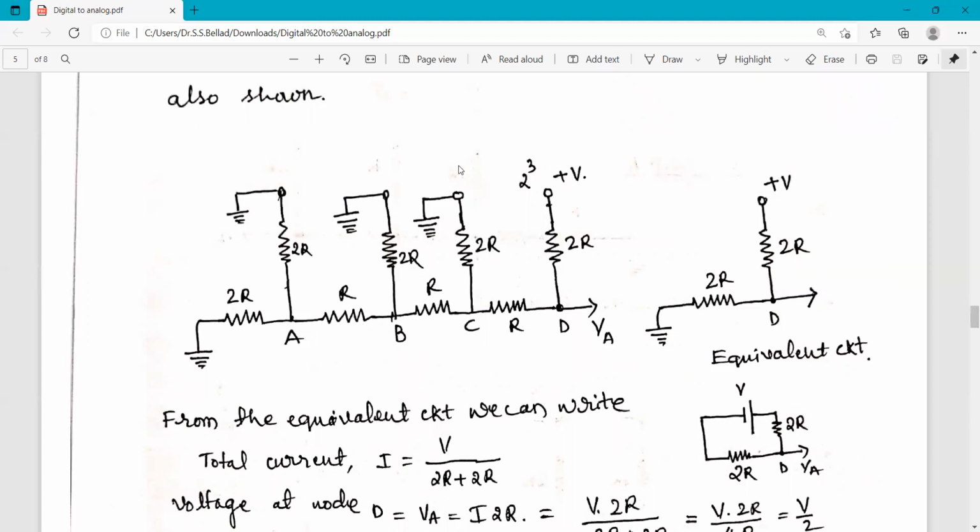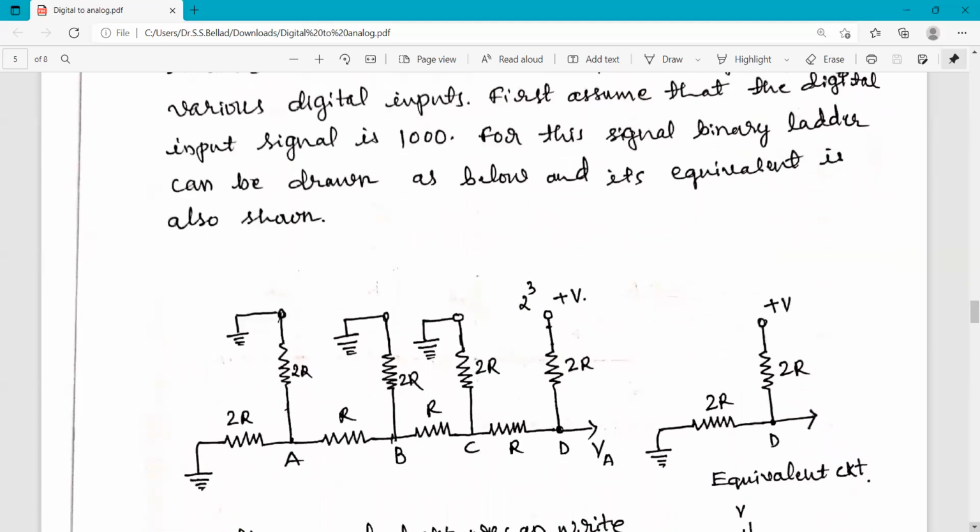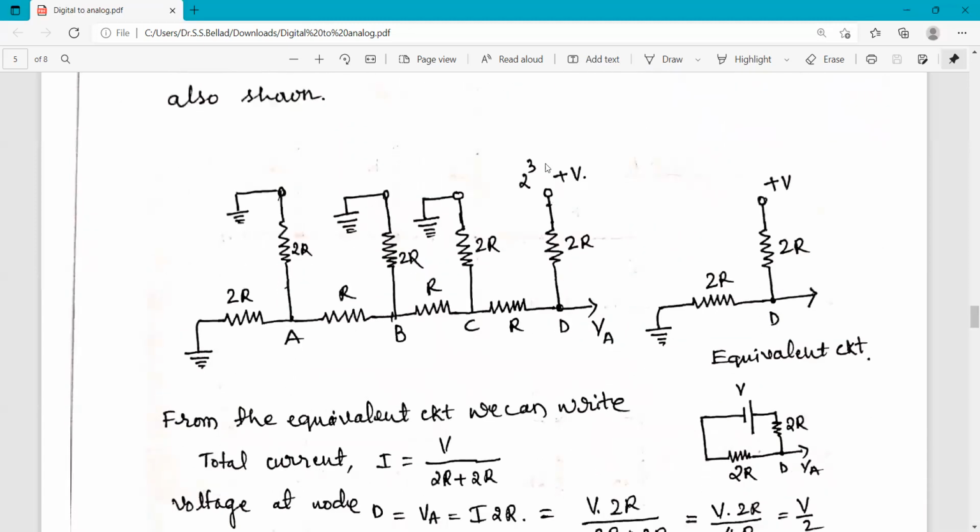Similarly, the 2 raised to 2 position is also grounded, whereas this 2 raised to 3 position is not grounded because here 1 is there. That shows that the digital input of that bit is at a high position. So here this 2 raised to 3 bit is at high position, so it is connected to the positive volt.